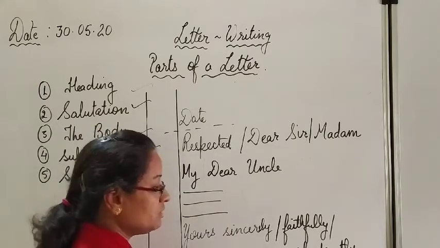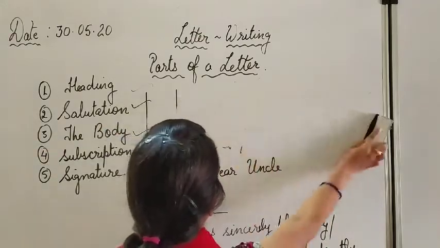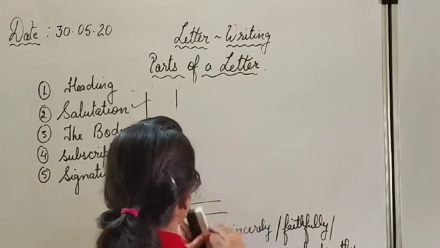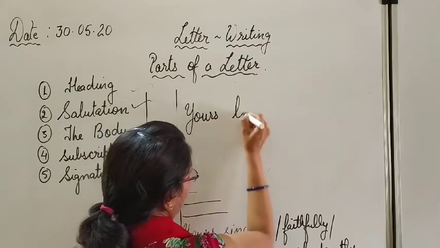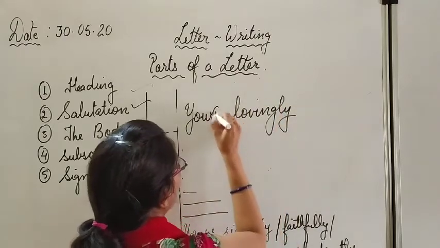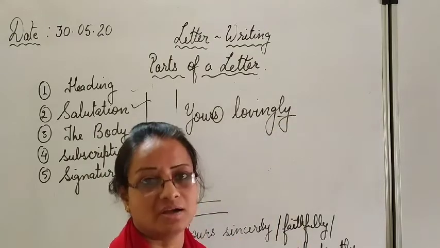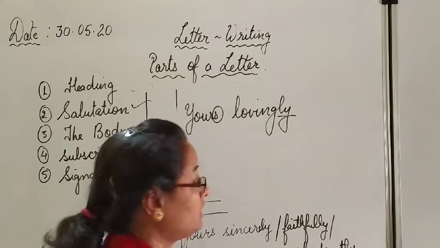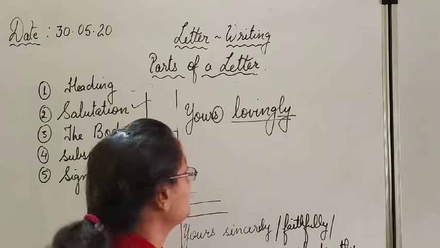Children, one more thing you have to be very careful with is that if you are writing yours lovingly, if you are putting S in yours, you have to put the suffix ly, and this word becomes an adverb.